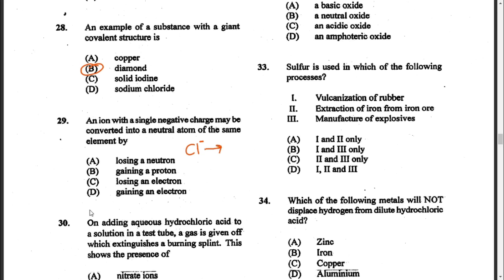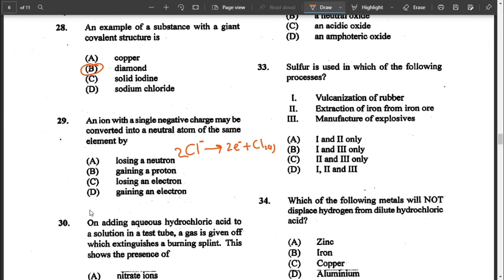The chloride ion loses electrons to form chlorine gas. And we have to balance this equation. That is why it's 2 electrons. It's 1 generally, but because chlorine gas is diatomic, you have to balance it. So it is C, losing an electron.